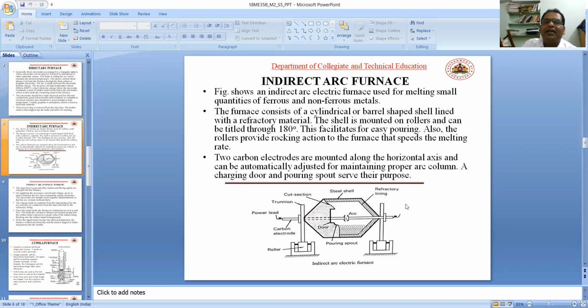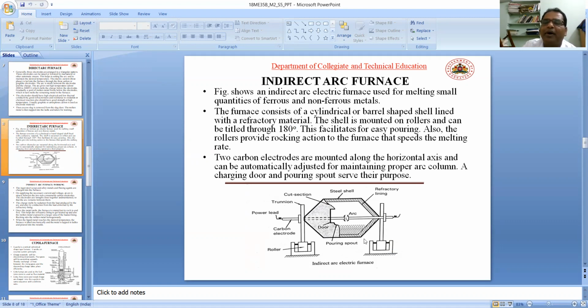Next is the indirect arc furnace. The figure shows an indirect arc electric furnace used for melting small quantities of ferrous and non-ferrous metal. The furnace consists of a cylindrical or barrel-shaped shell lined with refractory material.